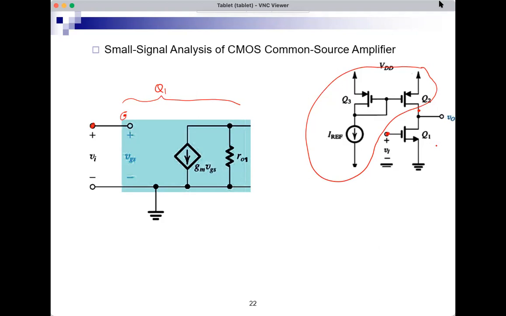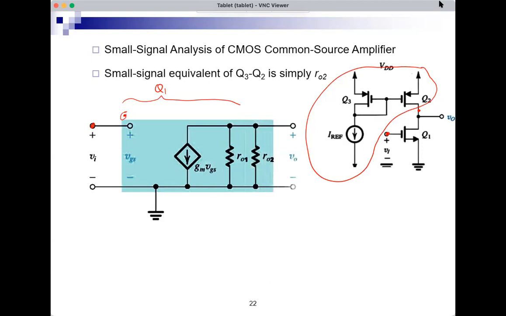So this is what we get for Q2, Q3, and IRF. We can model them by just a small ro2, which appears between the drain and ground. So the current mirror circuit is modeled by small ro2.